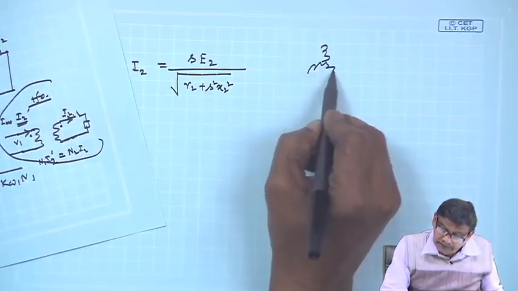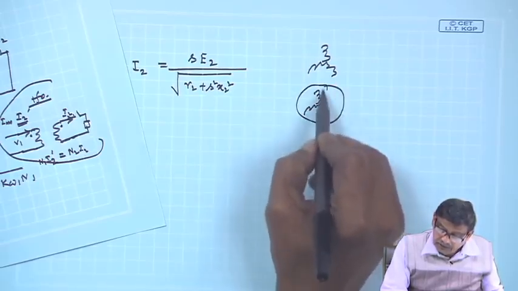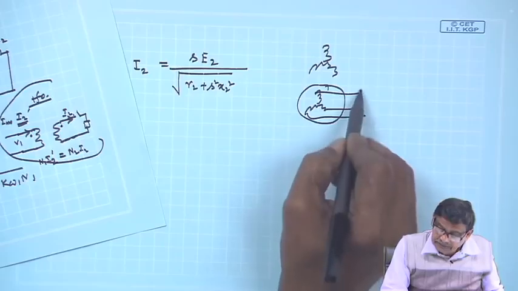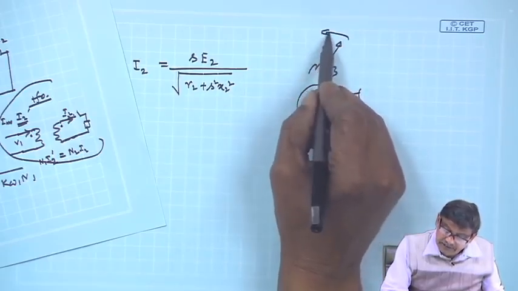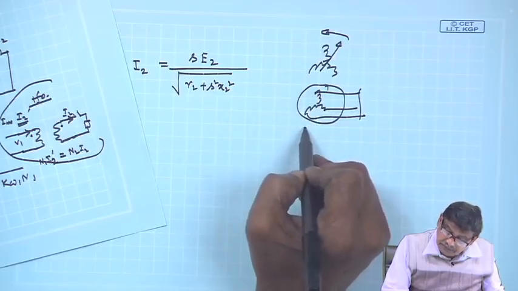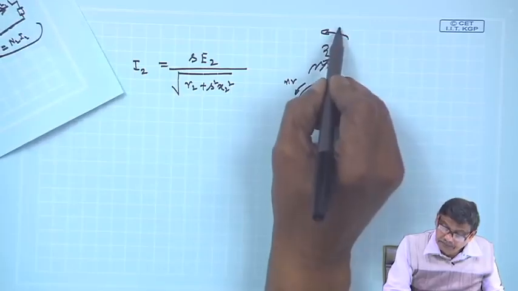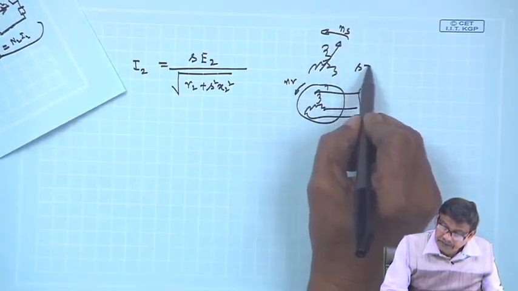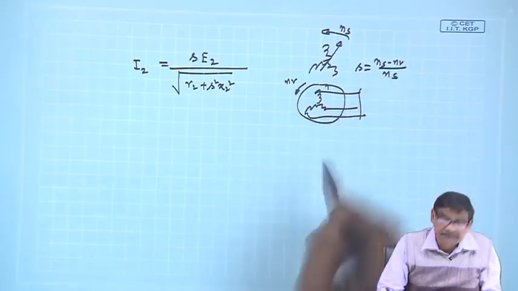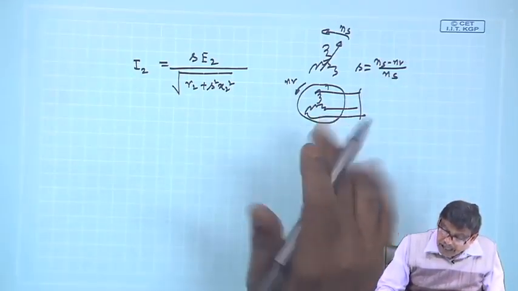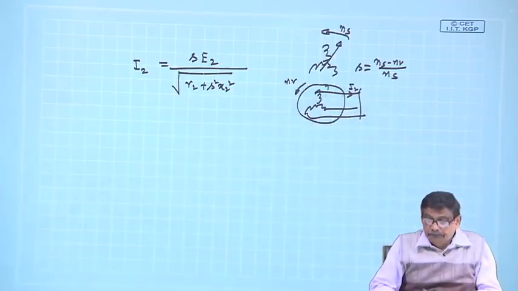So, very quickly let me write, this is the rotor, rotors are shorted, and suppose the rotating field is in this direction, and the rotor will also rotate in the same way. So, it is running with some slip S equal to Ns minus Nr by Ns, that is fine, and this is the RMS value of the current. Okay.